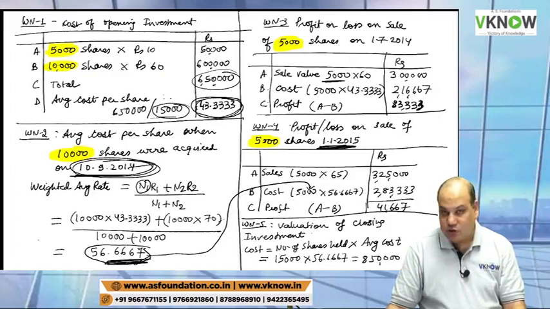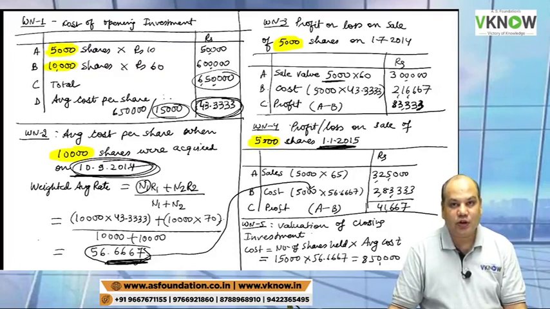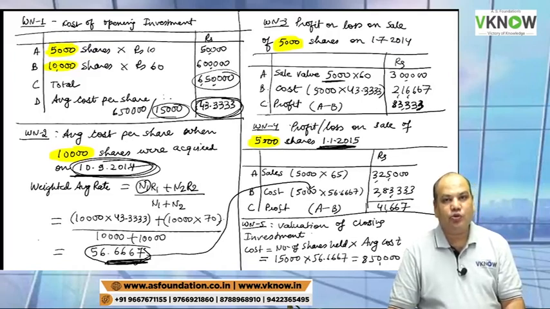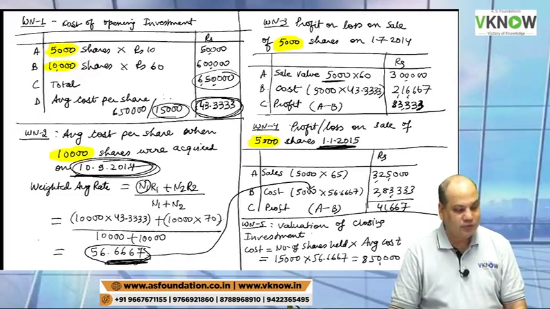This is cost. Will you take cost or market value, whichever is lower, or will you just take cost?